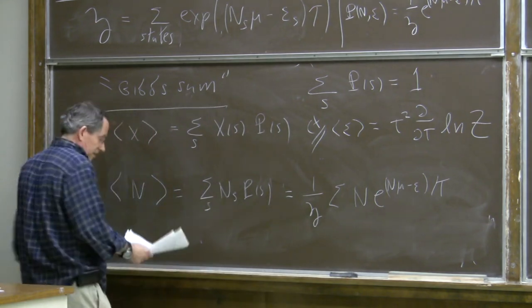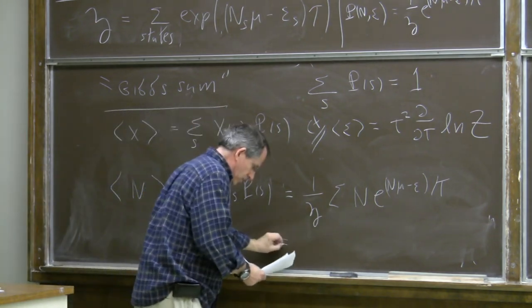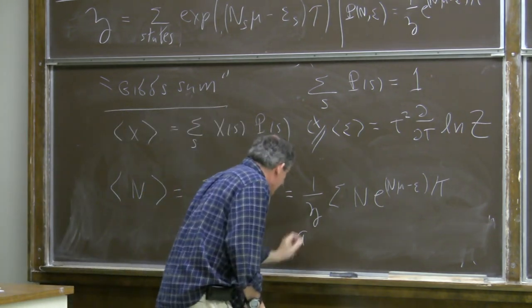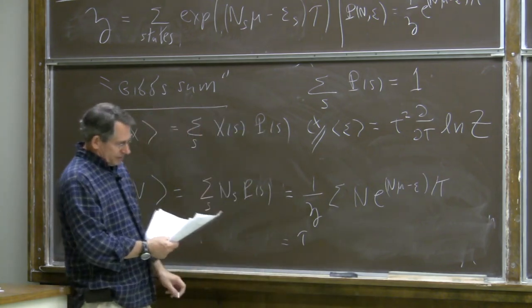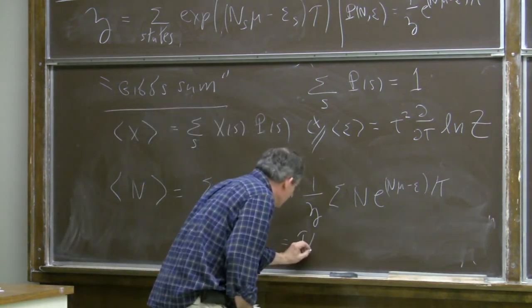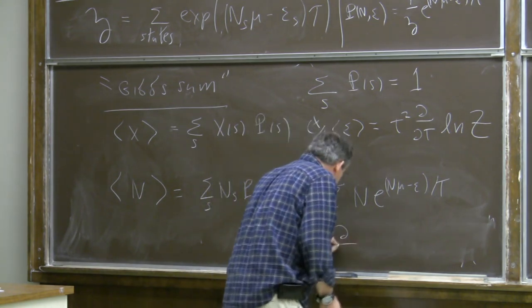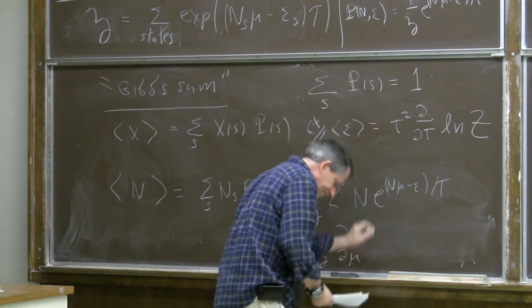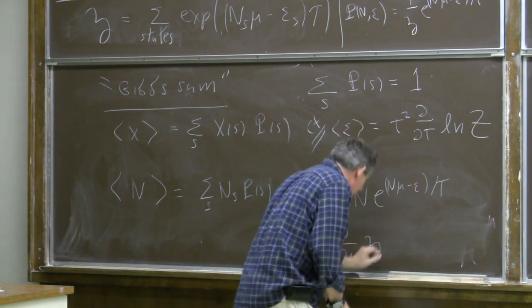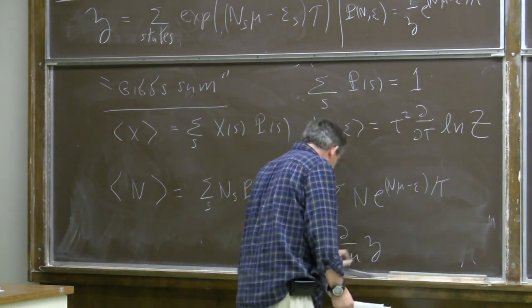So that means I can write this as 1 over script Z, well, times tau to get rid of that 1 over temperature, so tau over script Z times the derivative with respect to chemical potential of the Gibbs sum with temperature fixed.